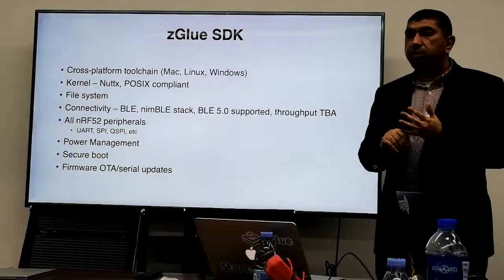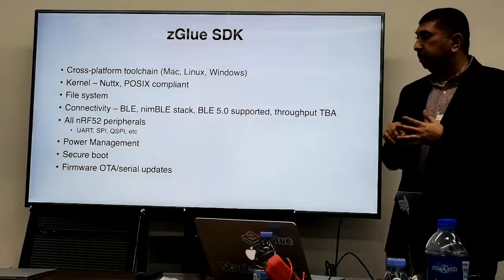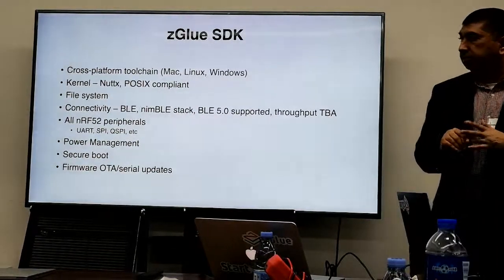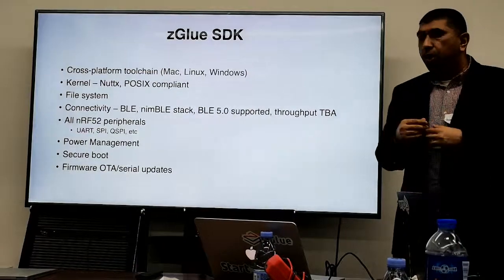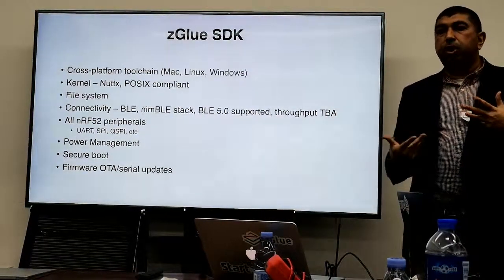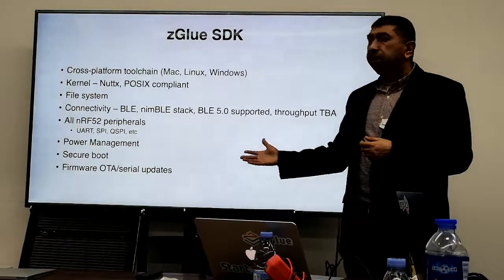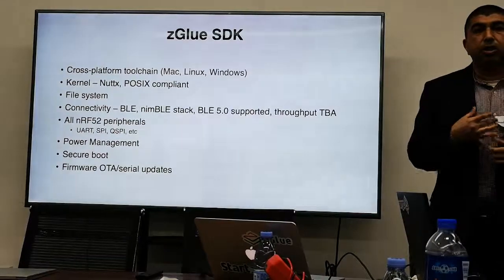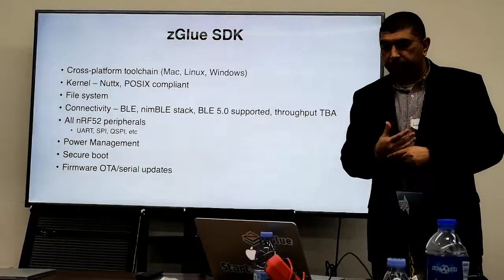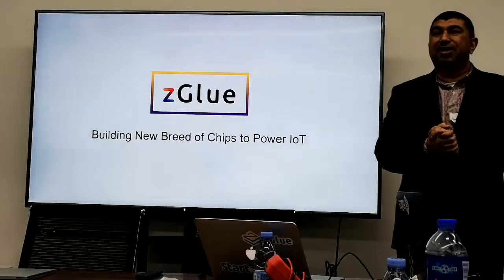Obviously, it comes with a file system in it. There is connectivity support of various kinds, and all the APIs that you need to talk to the functionality in the ZGlue chip are integrated into the ZGlue SDK, should you choose to use that one. So with that, I'll take questions.